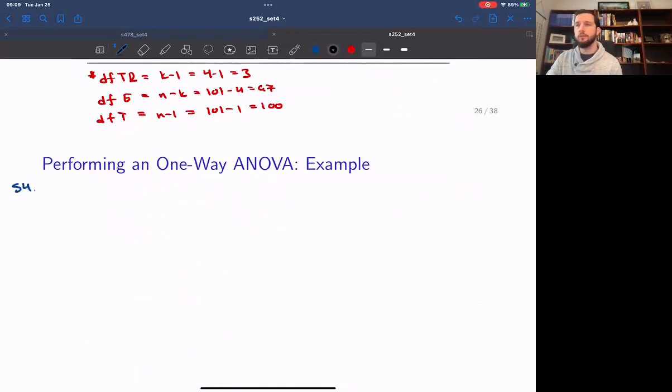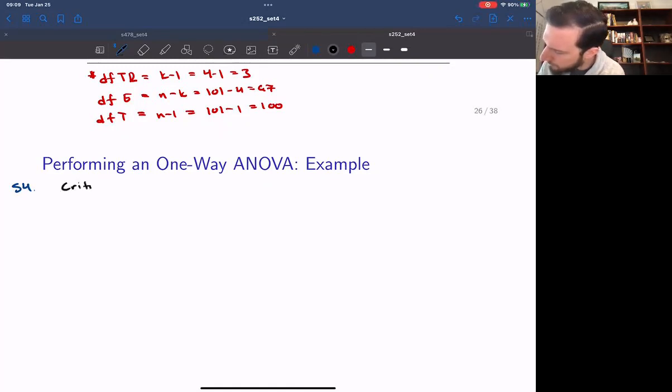Okay, so just like we do with any other hypothesis test, on step 4, we can take a critical value approach or a p-value approach. So I'll illustrate both. Again, you don't have to do both. In this situation, we're going to be using F distributions because they're F tests that we're running.